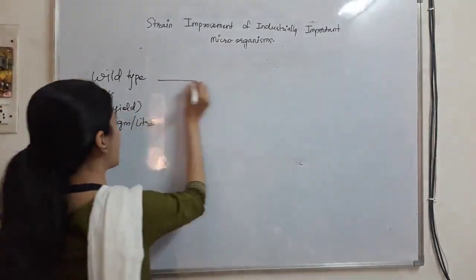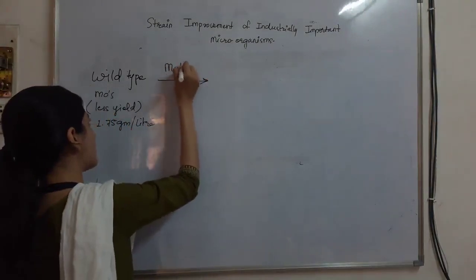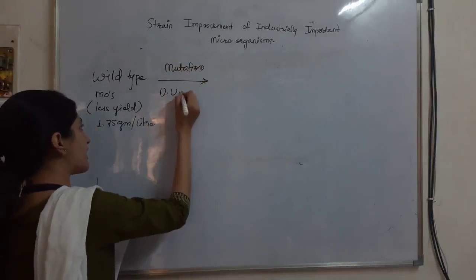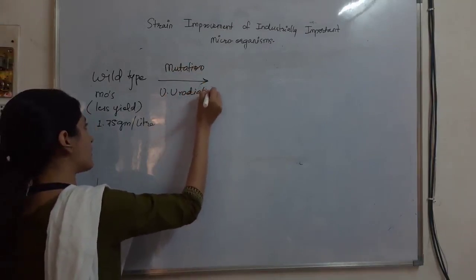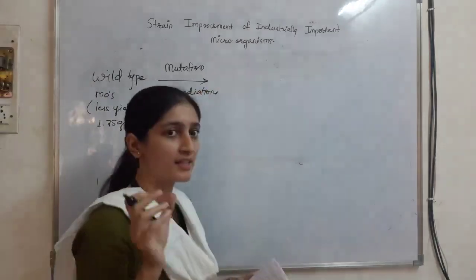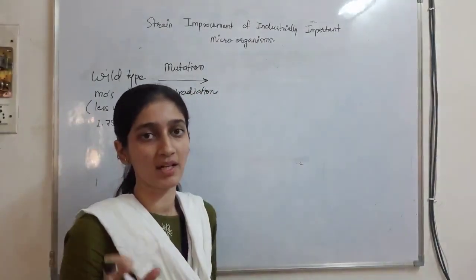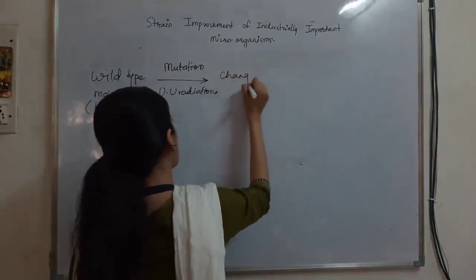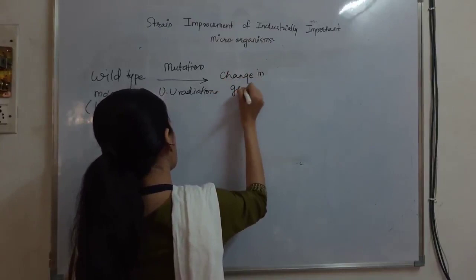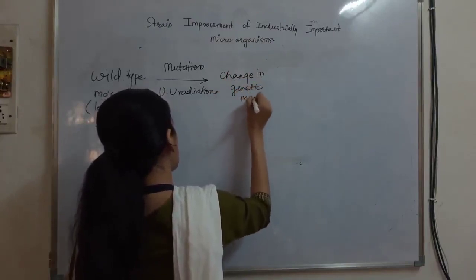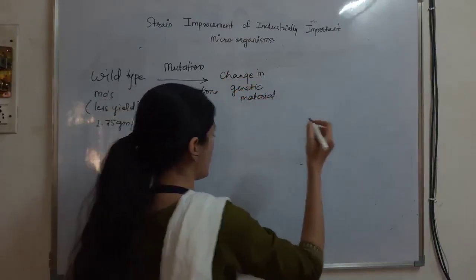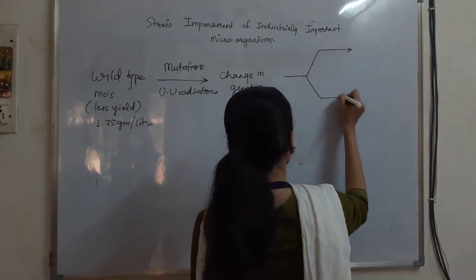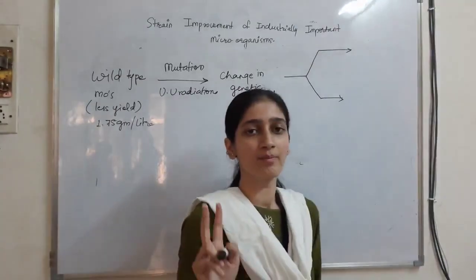Now, if I expose the same bacteria to a mutagenic agent like UV radiations, these UV radiations might change the genetic makeup of that bacteria, which will lead to two types of bacteria.